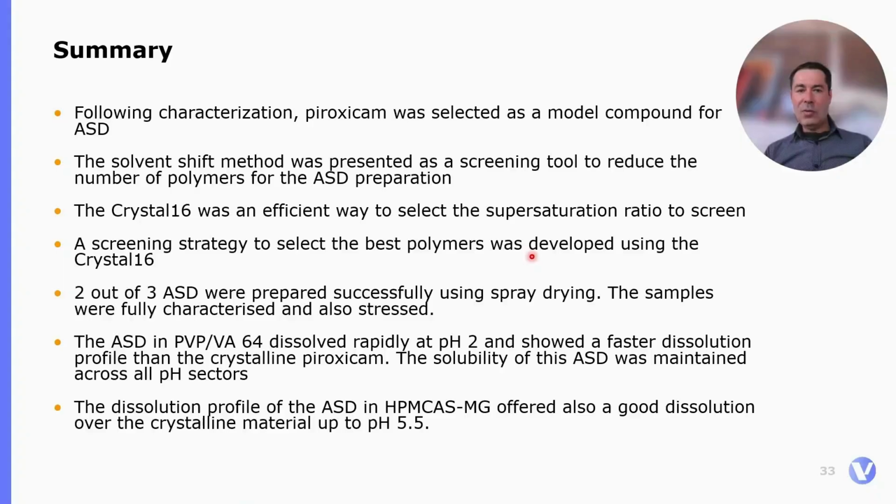We then selected 3 polymers and described the ASD preparation using our spray dryer. 2 out of 3 spray drying experiments gave successful ASD. These were then fully characterized, and we showed you how the ASD were better performing over the low pH range, especially the PVPVA.